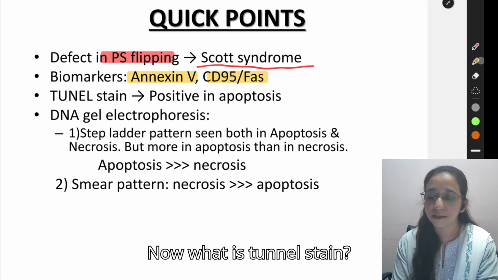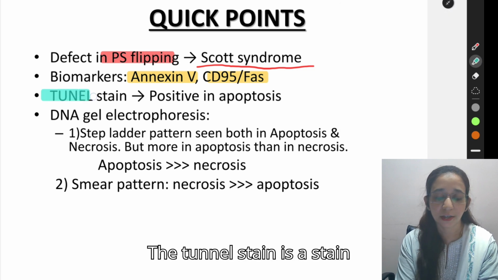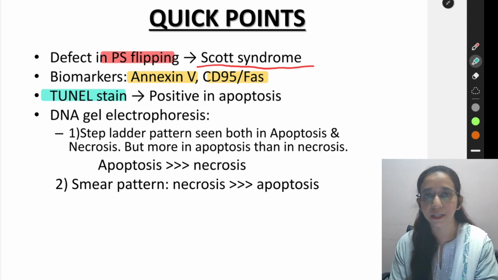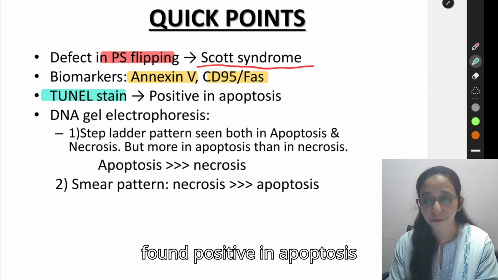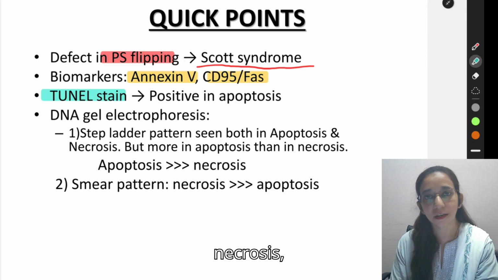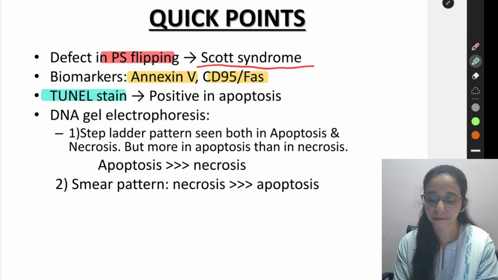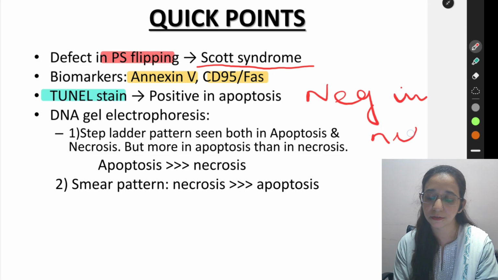Now, what is the TUNEL stain? The TUNEL stain is a stain which is found positive in apoptosis and found negative in necrosis.